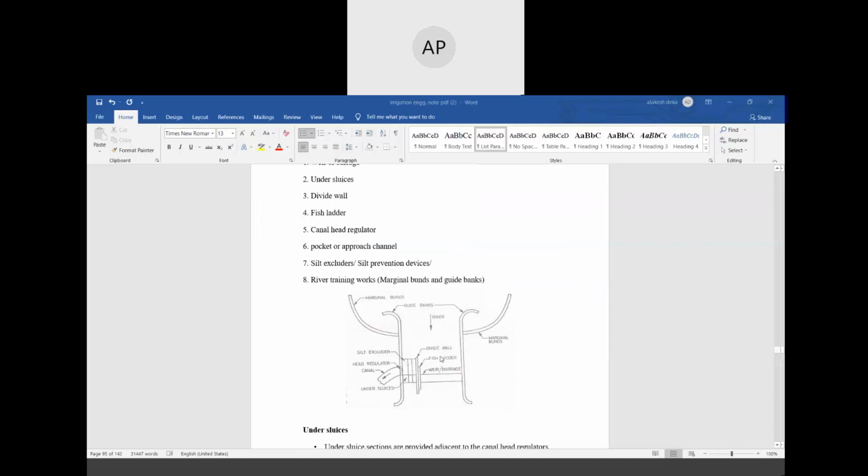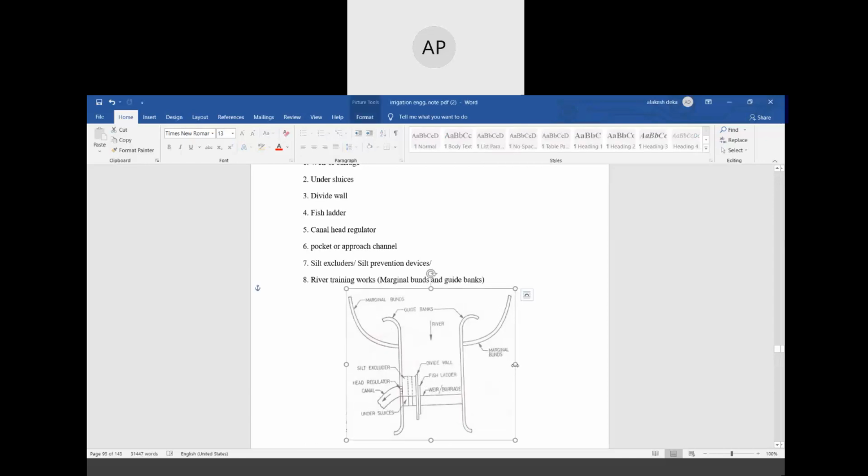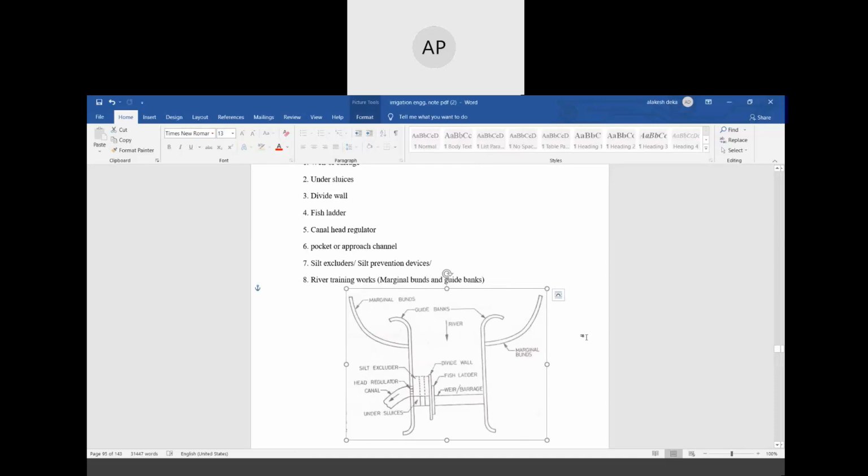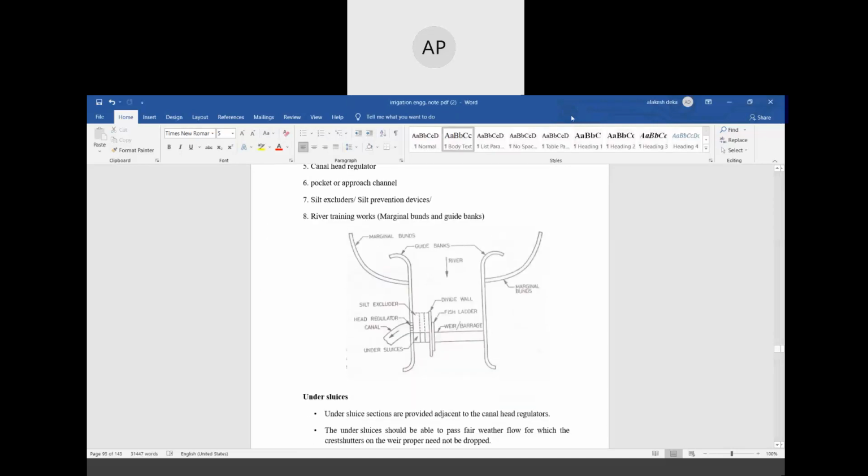So, in this figure, these are the marginal banks. This is the river. Okay.